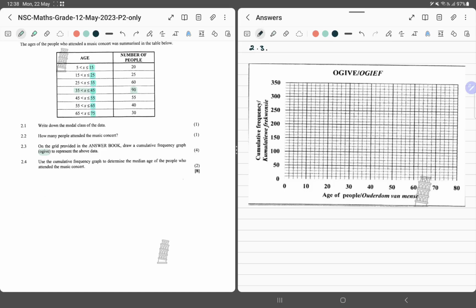We know that the bottom will have 0, because that would be the top of the lower class that starts from 0, and it has no frequency there. So basically at 0 we have 5. So this is going in 5s. They have already chosen the scale for us anyway, so we don't have to worry about other things.